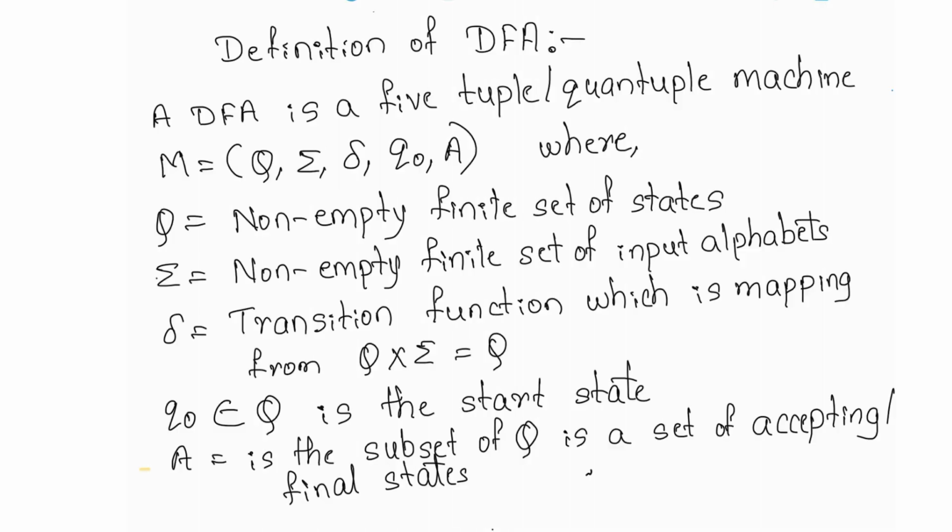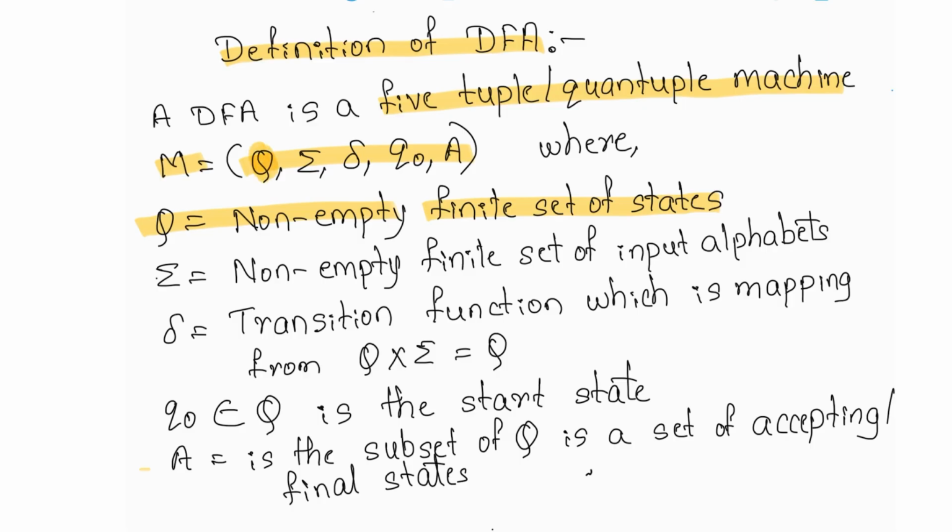So now we'll see the exact definition of DFA. So what is DFA? A DFA is a 5-tuple machine. The machine is with 5-tuple values, where Q is a non-empty finite set of states.